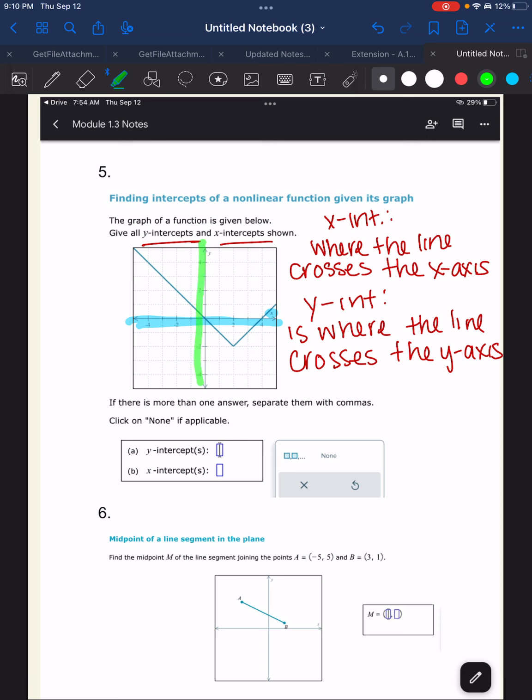This is my y-axis, hence why that little y is there. So I'm crossing the x-axis at this point, which is 0, and also this point, which is 4. I also cross the y-axis at this point, which is 0.